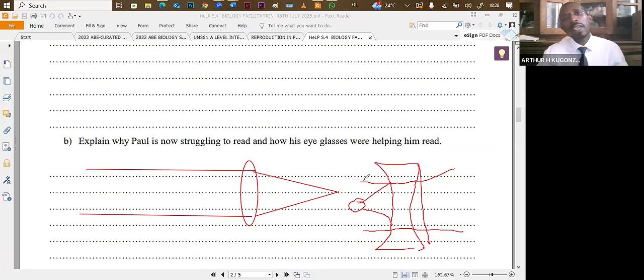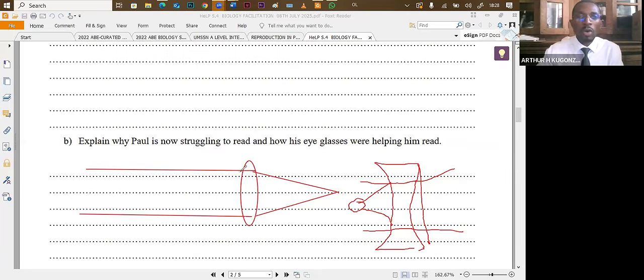So now, we're explaining how his eyeglasses were helping him to read. So how were they helping him to read?